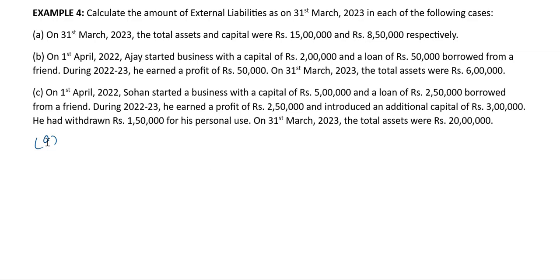So for A, the closing liabilities is equal to the closing assets, which is rupees 15 lakh, minus the closing capital, which is 8,50,000 rupees. So closing liabilities is rupees 6,50,000.